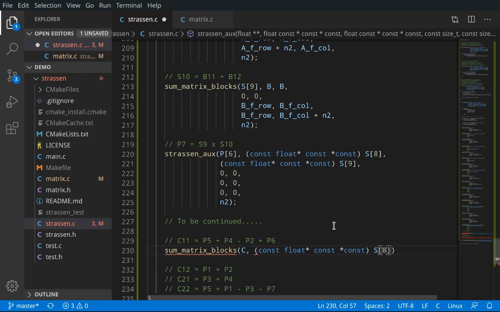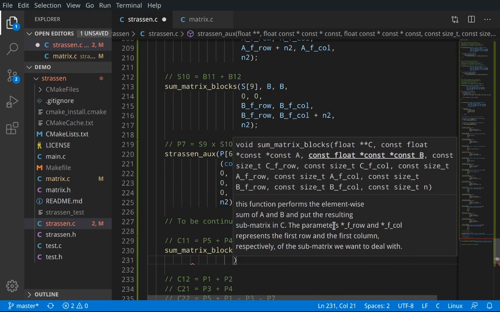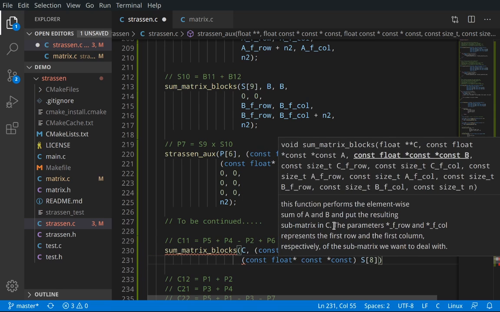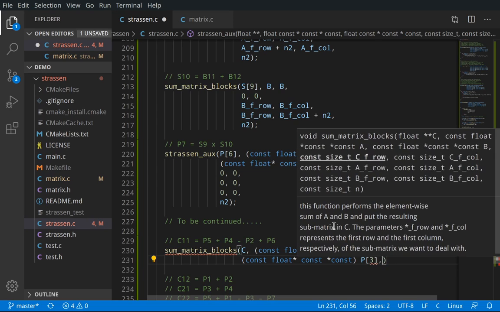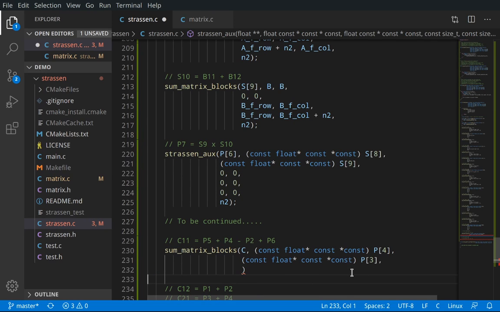Since the array index starts from 0, we need to say P4 and here P3. With this line of code, we are still missing something, of course, but with this line of code I'm going to perform the sum of P5 and P4, and the result should be placed in C.